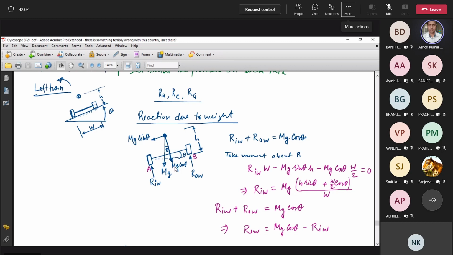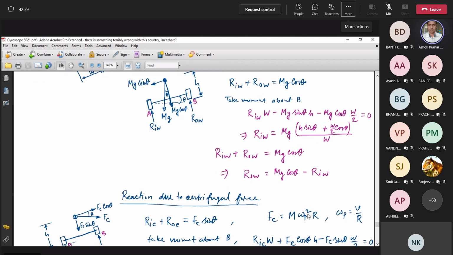Now mg cos theta, from this point, the distance is w by 2, and that is also acting opposite to this moment. That must be equal to 0. So from here we can find out RIW, and ROW we can find out from this. Just substitute this expression here, and you'll get ROW. Those expressions are written here.